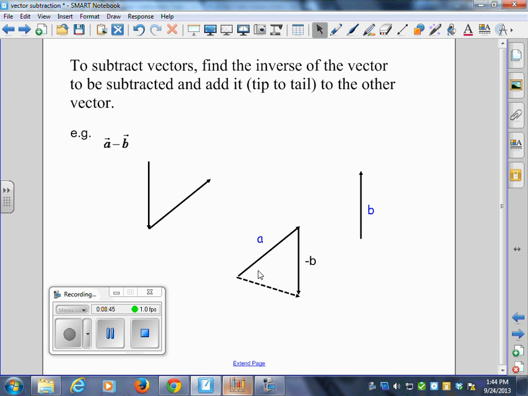So that doesn't matter. But it does matter which one you flip. So the rule is flip the one that has to be subtracted and then just add them. It just becomes an add question. Flip the one that needs to be subtracted and then add them.